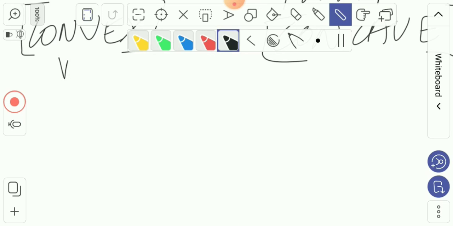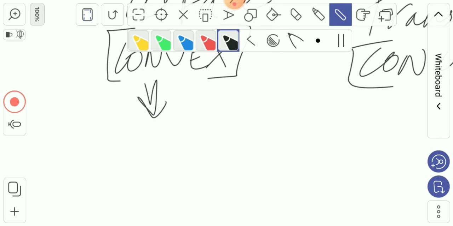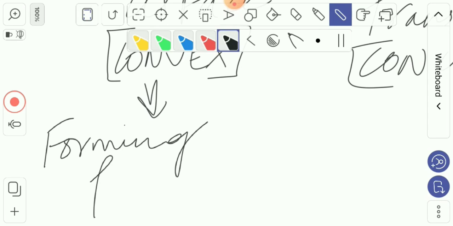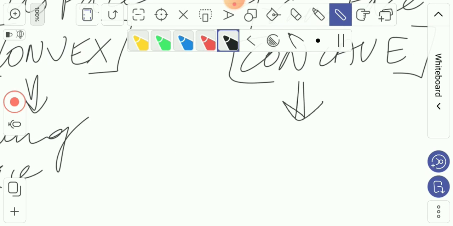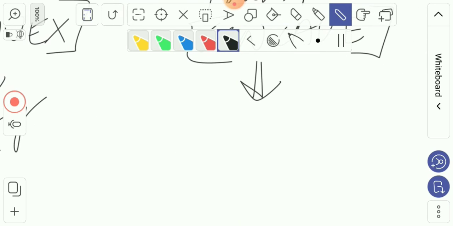This is also known as forming phase. This is known as maturing phase.